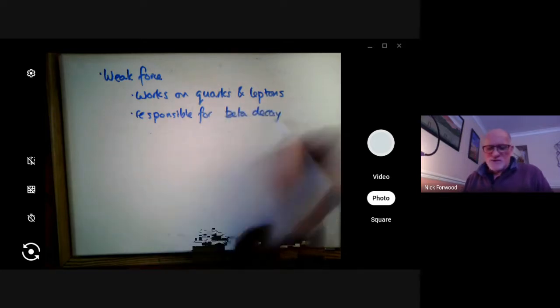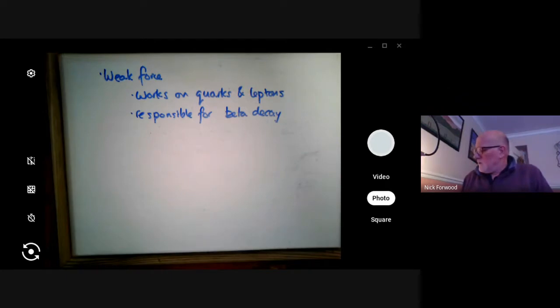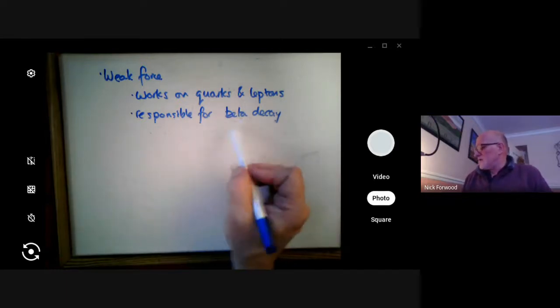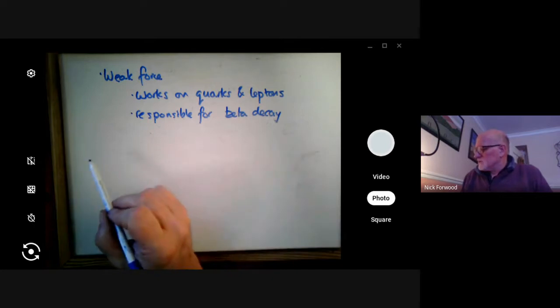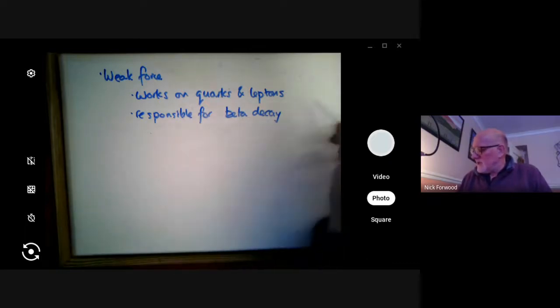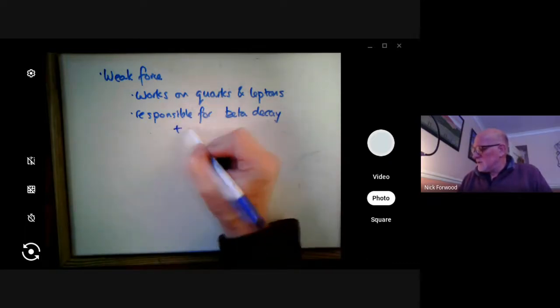And you know what that is: when a neutron turns into a proton, the proton stays in the nucleus and the beta particle is emitted along with a neutrino. And we've talked about that before. So beta decay doesn't just involve an electron being ejected, it also is responsible for neutrino production. So I'm going to say beta decay and neutrinos.